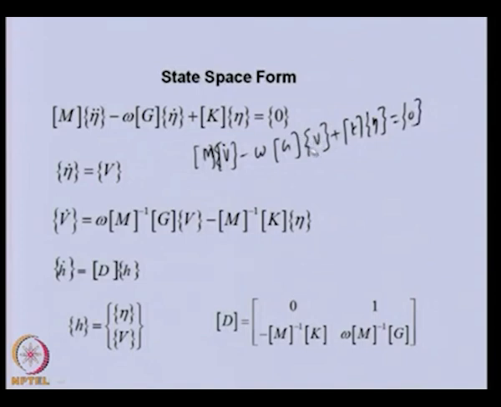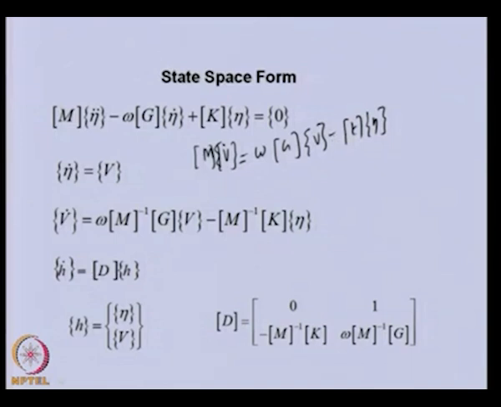Now I can express this in terms of v dot. So that means I need to put all the other terms on the right hand side. So this will become negative, and then I need to take the inverse of M throughout.